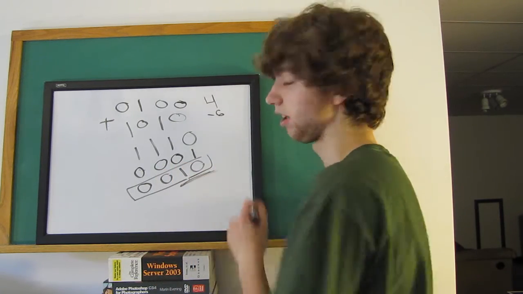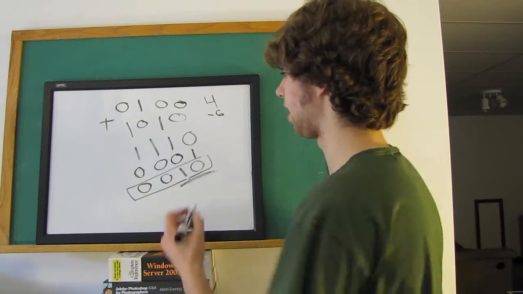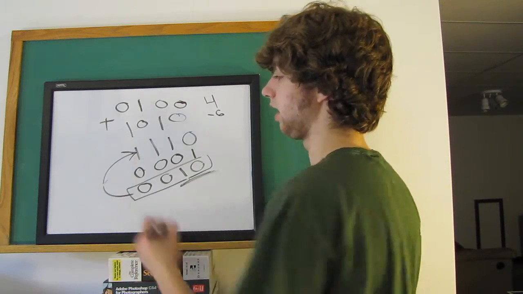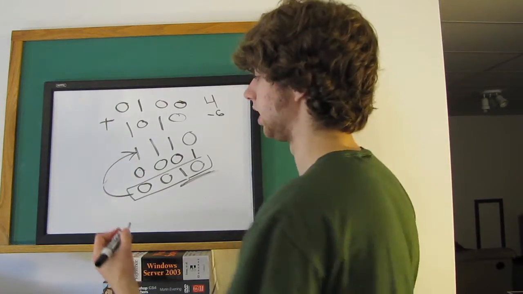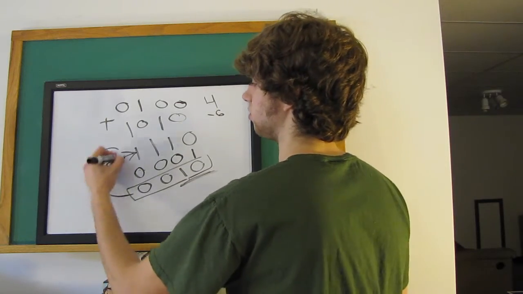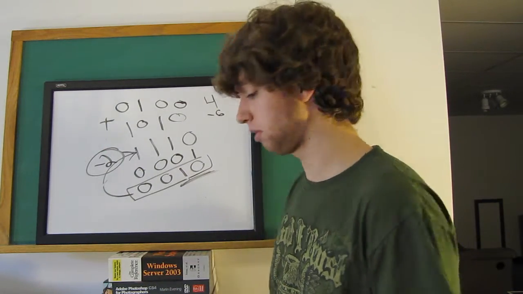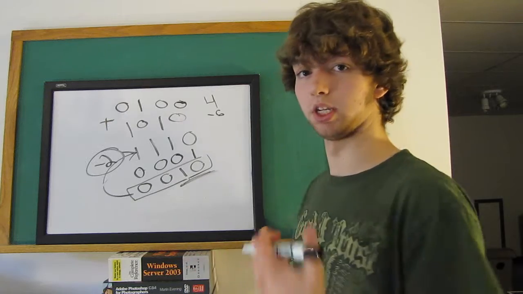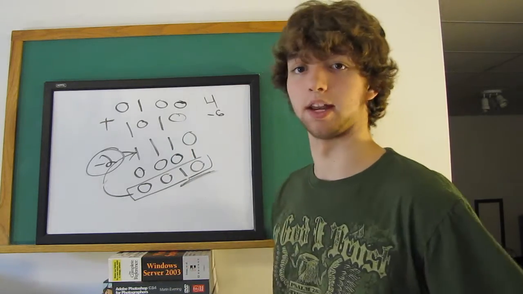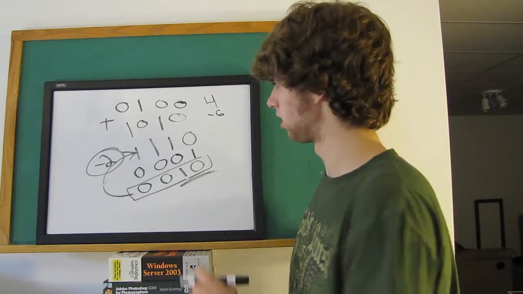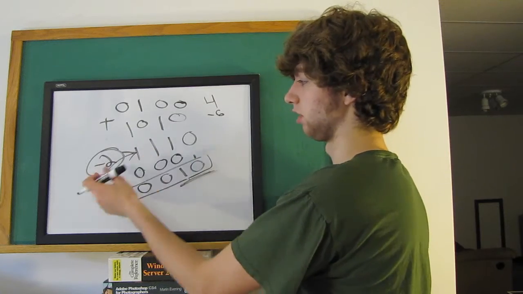This right here, this is the equivalent of 2. That means this right here is the 2's complement representation of negative 2. Pretty complex system, but it works, and we can do more complex mathematics with the 2's complement system. So this is a binary representation of negative 2.